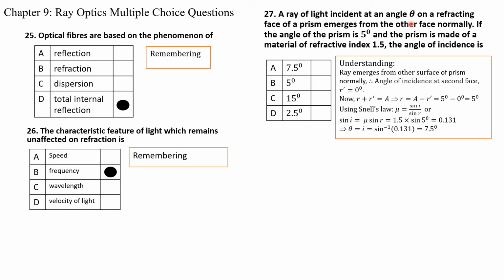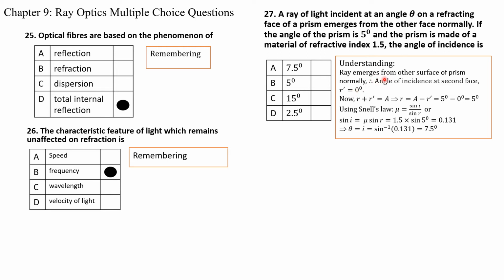Once again, this is a numerical problem. Option A is 7.5 degrees, option B is 5 degrees, option C is 15 degrees, and option D is 2.5 degrees. Now we have to analyze this numerical problem.